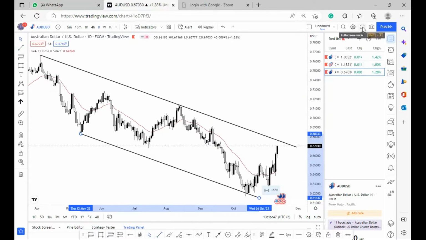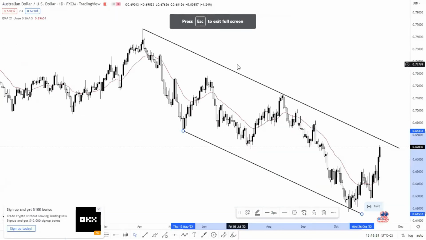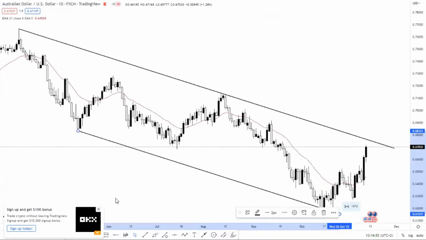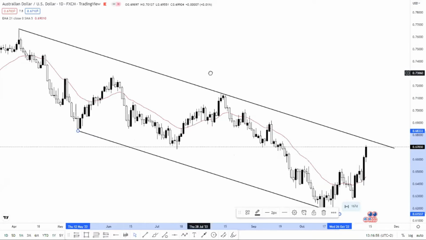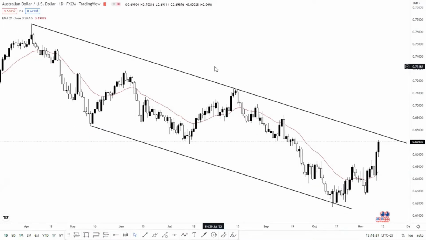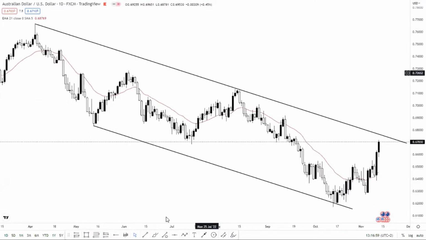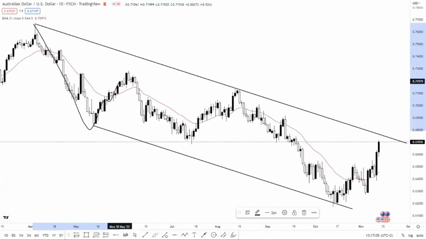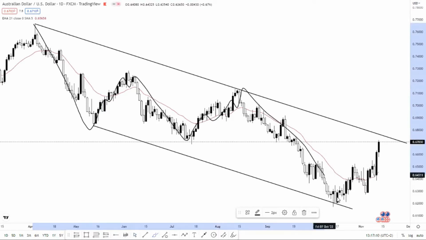Let me try to put it in full screen mode. Yeah, I think we're fine here. As you all know, in bearish markets we have an impulse, a correction, impulse, correction, impulse, correction.